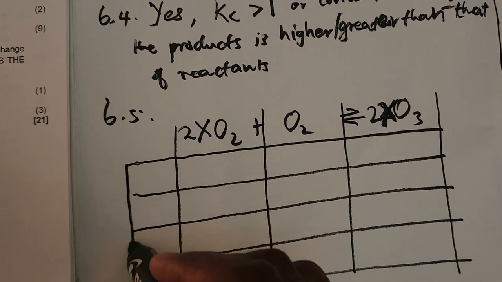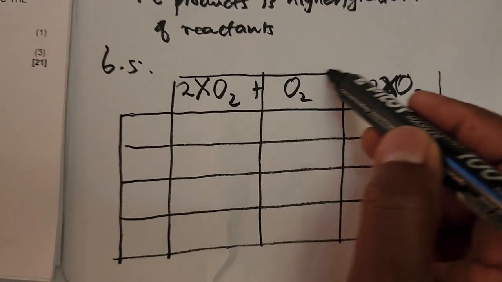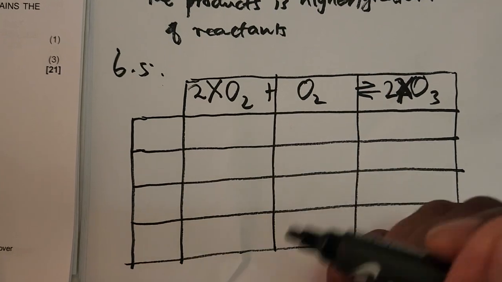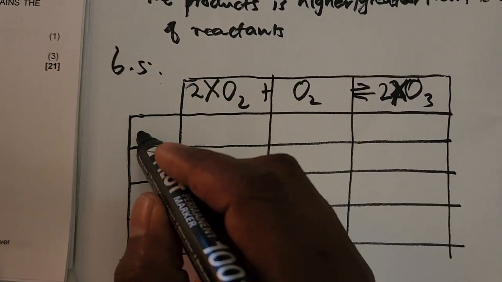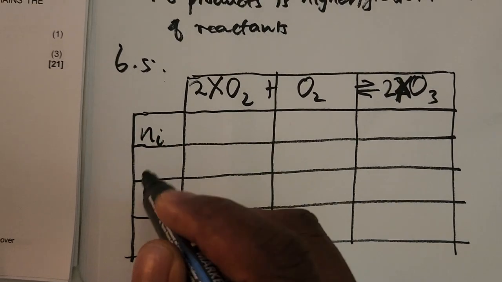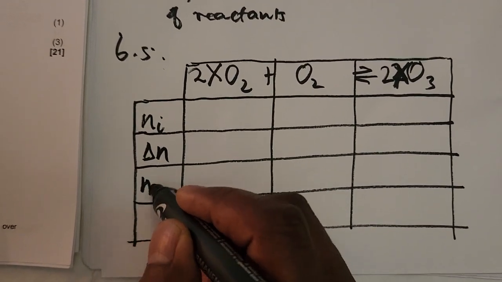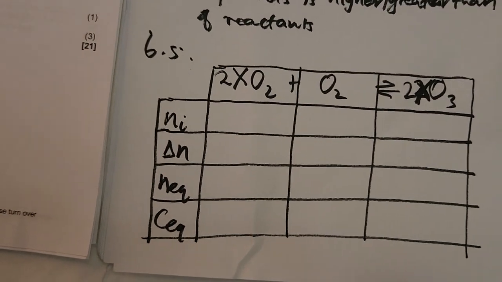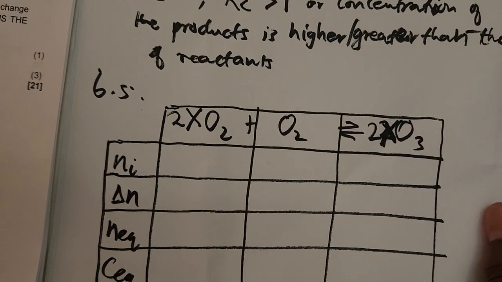And then this side we just leave to show the examiner that we are working with moles or concentration. So there's 2 methods, remember, mole method or concentration method. In this case I'm working with mole, the easiest one. Initial mole, change in mole, moles at equilibrium, and concentration at equilibrium. Fine.